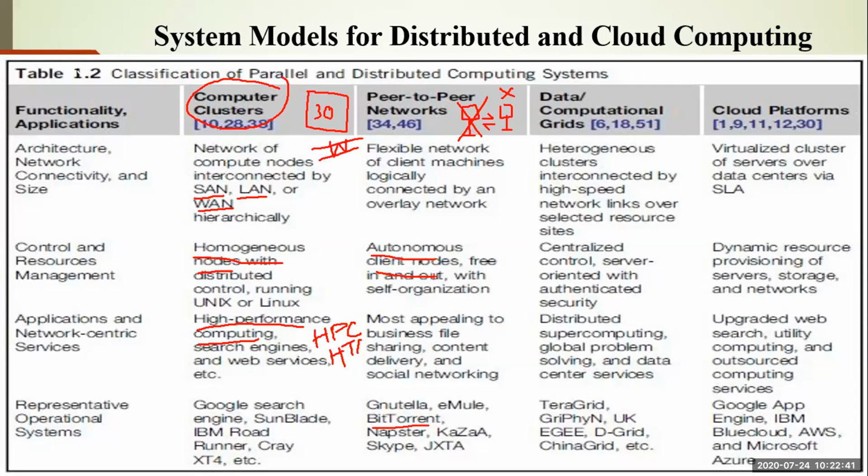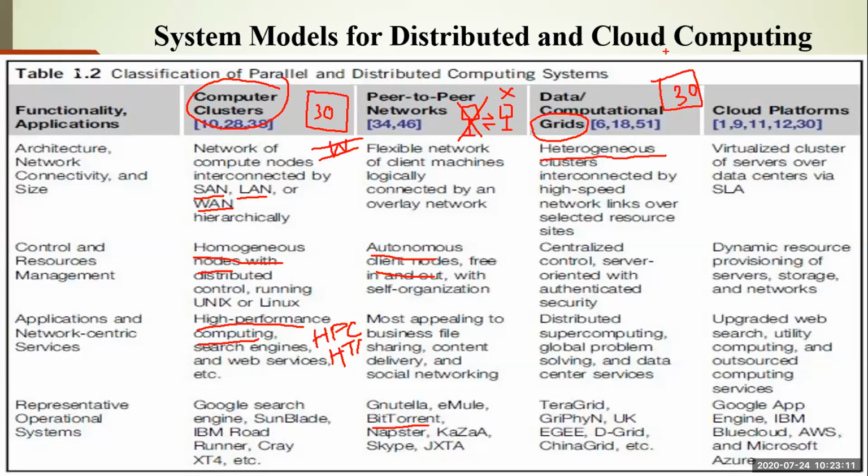Third one is the data grid, also called the computational grid. The name suggests grid. I told you earlier also, a grid consists of heterogeneous systems. Heterogeneous means even in a lab, if 30 computer systems are there, these 30 computer systems have different configurations, not the same configuration. As you want to achieve big power, you have to combine more computer systems.